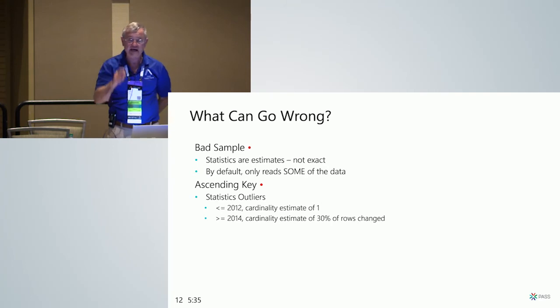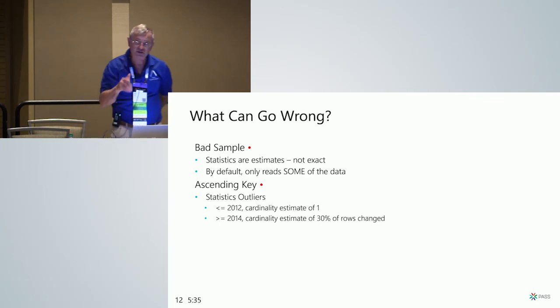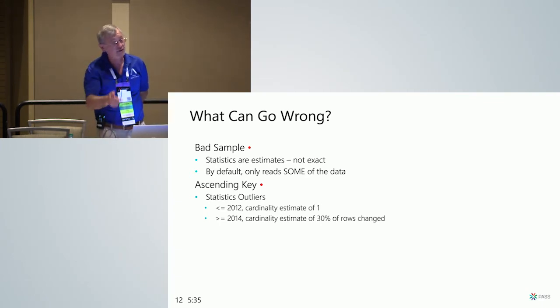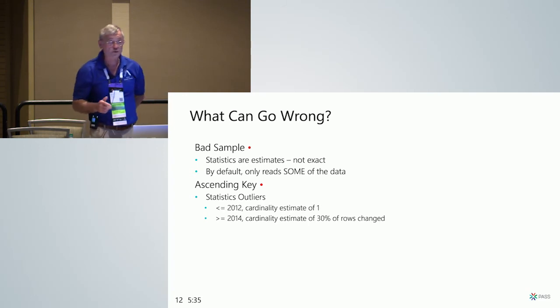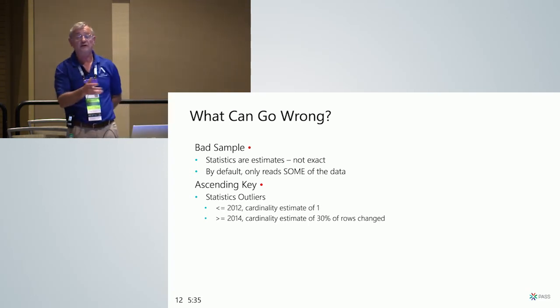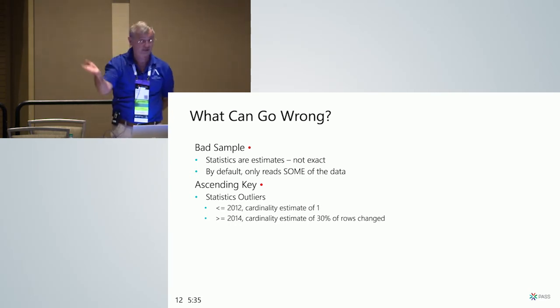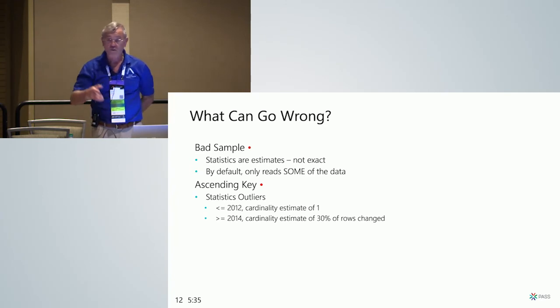So if I get some rows inserted into the table or updated such that the value in that column is greater than the greatest value in my histogram, it's not going to be represented in the histogram at all. And when I query it and say, give me everything out of the table where this column has a value of something greater than the largest value in the histogram, what's it going to do?